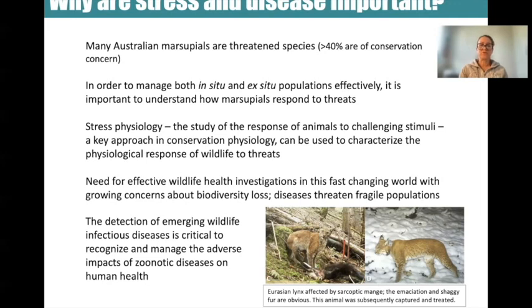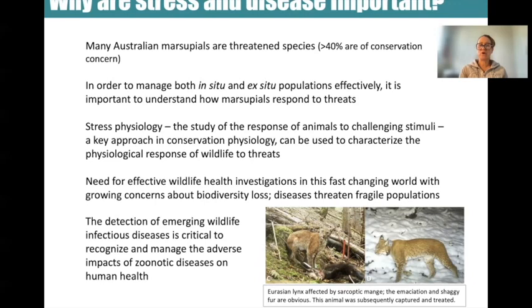Stress physiology, which is the study of the response of animals to challenging stimuli, is a key approach in conservation physiology and can be used to characterise the physiological responses of wildlife to threats.